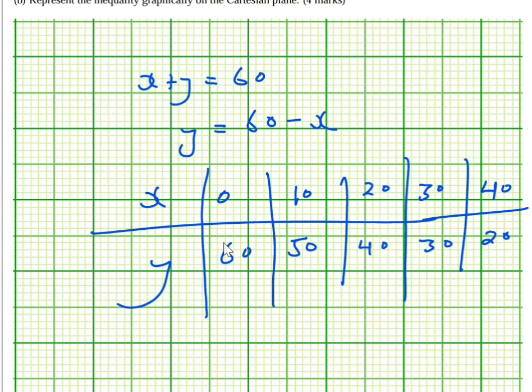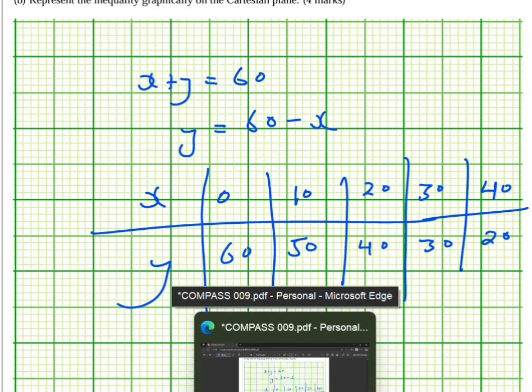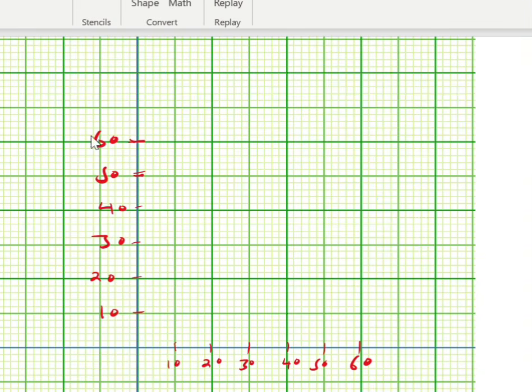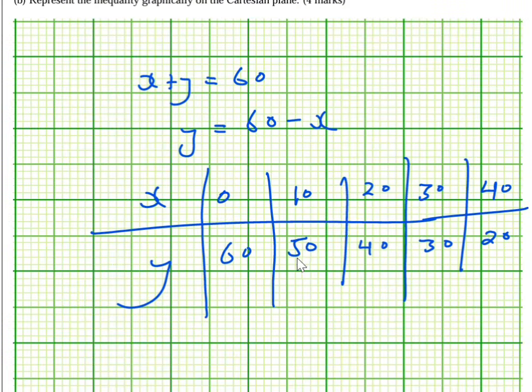So tukuje back tuangalia. Tuko na 0, 60, 10, 50. So 0, 60 on the X 0, 60. So X ni 0, Y ni 60. So 0 iko hapa because hapa tuko na 0. Then hapo tuko na 60. Haya, when X is 10, remember ilikuwa ngapi? It was 10, 50. Shika pia hii 20, 40.